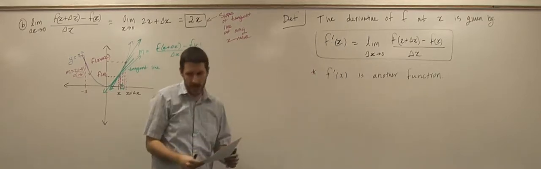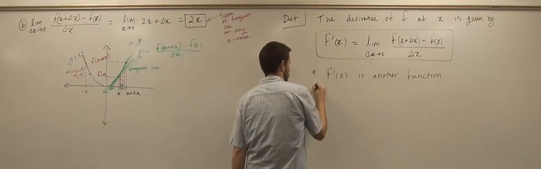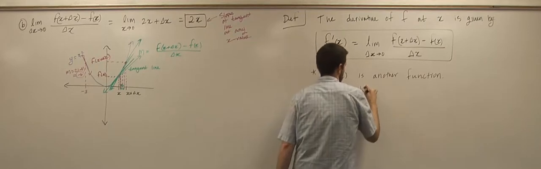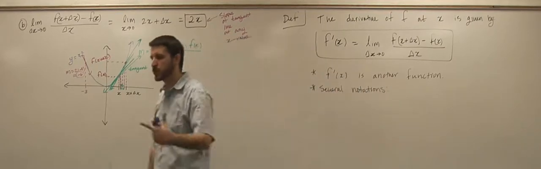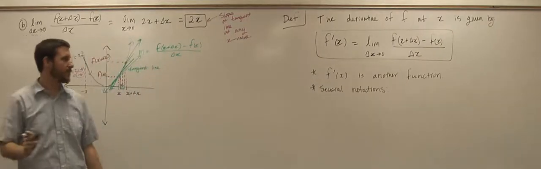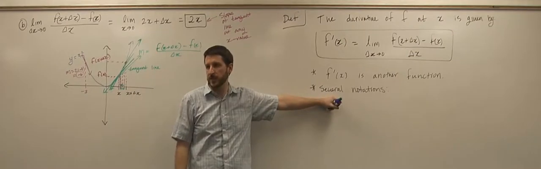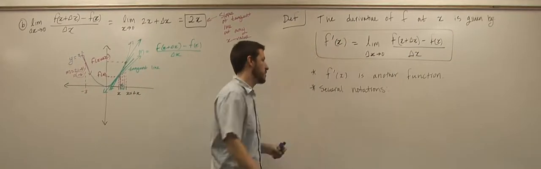There are several notations for derivative, which confuses students to no end. Depending on which book you use, which teacher you have to deal with, the mood that I'm in, you will see a different notation. Okay? So one notation is this prime notation.